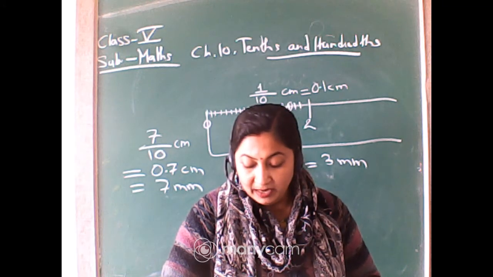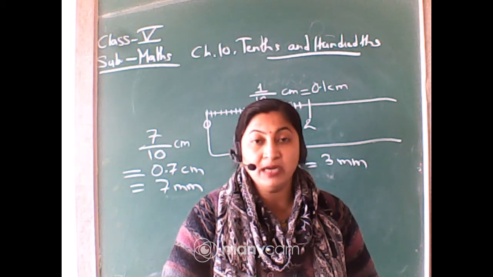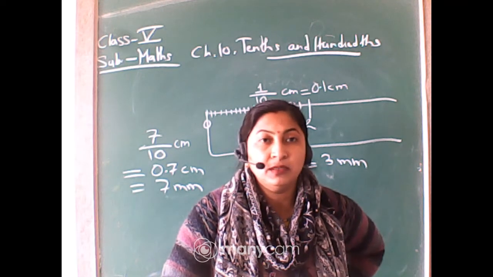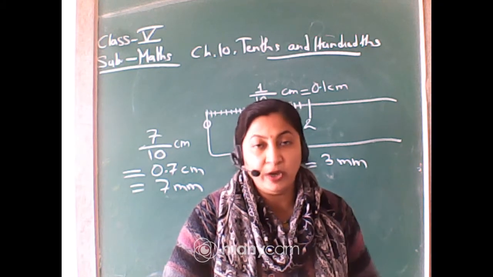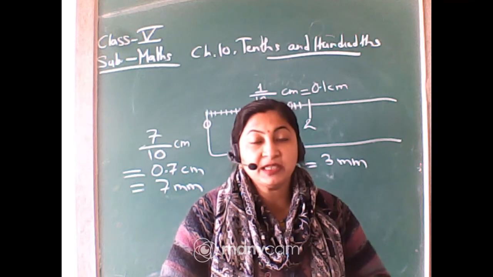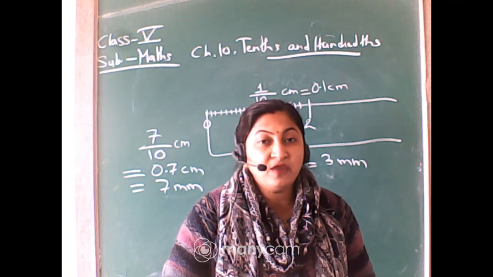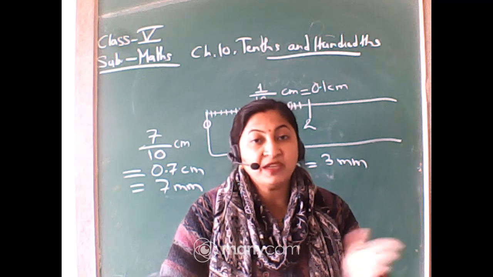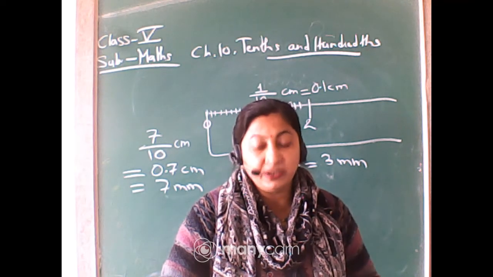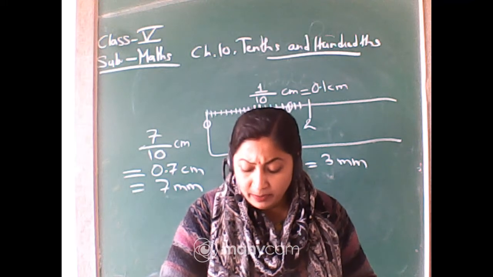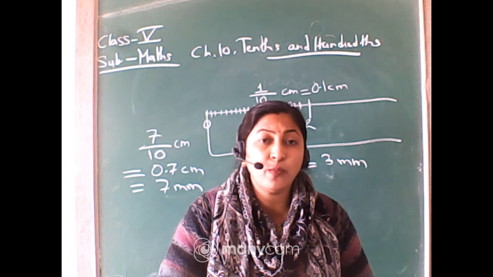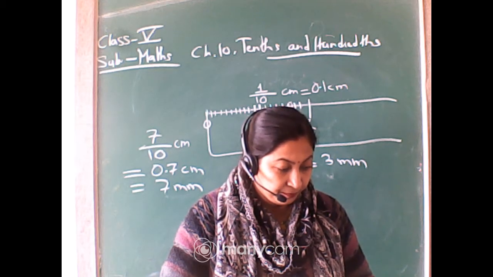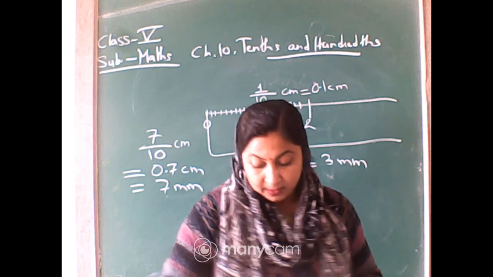That's why we write the millimeter after the point. 3.6 centimeter is the length of the pencil, that means 3 centimeter and 6 millimeter. So after the point we write millimeter. Here also 1 millimeter is the same as 0.1 centimeter. Clear? I think it is clear.